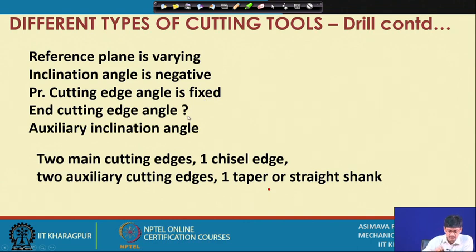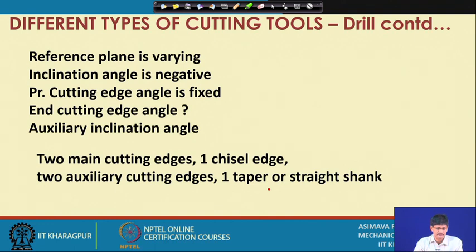Now, I would like to set a question for you; you can think about it and answer later. What is the value of the end cutting edge angle? And what is the value of the auxiliary inclination angle? If you ask me the value of the principal inclination angle, I will say it is negative and it is changing from point to point.